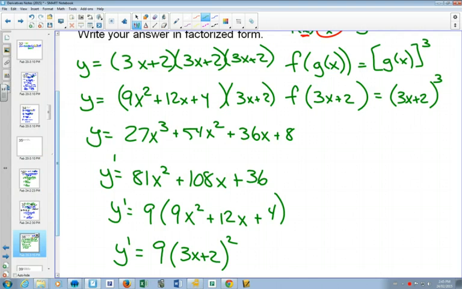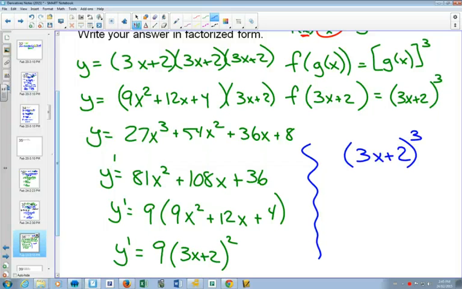Now, thinking a little bit about patterns from what we've done before. When you have a power like cubed, what was the rule we did for power rules? We brought that number in front and we subtracted 1 from the exponent. If we had just done that, this is what we would have got.